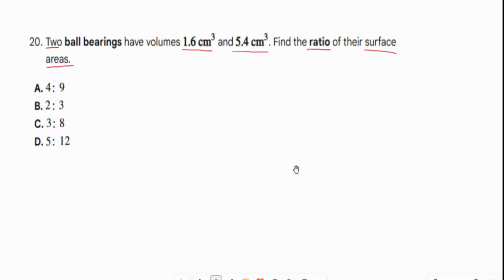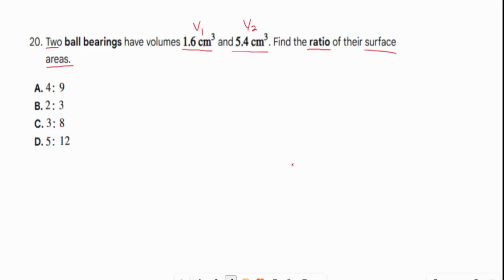Again, this question measures 3 dimensions, volume. So according to the question, let's make this volume V1 and then let's make this V2, since both of them are volumes. And that's not all. Since ball bearing is measuring volume and that is a sphere or is spherical in nature, we are going to use the formula for the volume of a sphere, which includes radius, and then also, because you are calculating the surface area, we will need area as well.